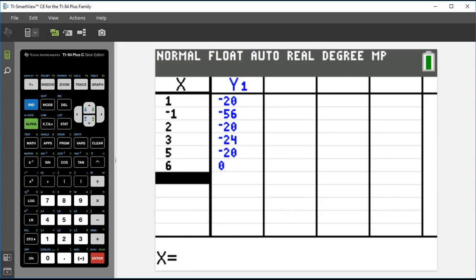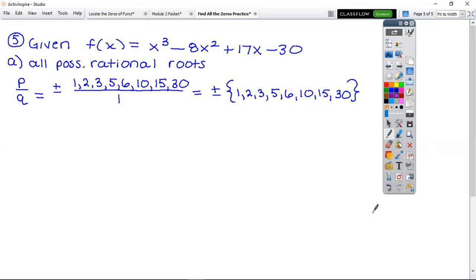So I'm going to go back and synthetically divide the 6 because we verified it is a root. All right, we have 6. Check that one works. So I quickly go 6.